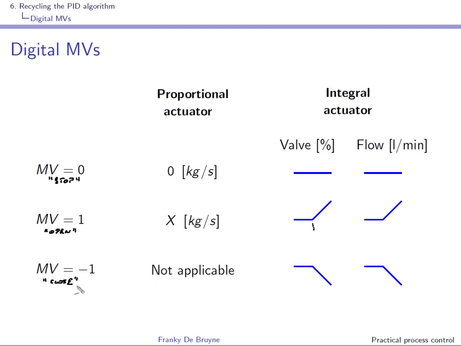If you send the command close, again here at this time instant, the valve opening will be decreasing linearly, and of course the associated flow will follow, and there will also be a linear decrease of the flow.